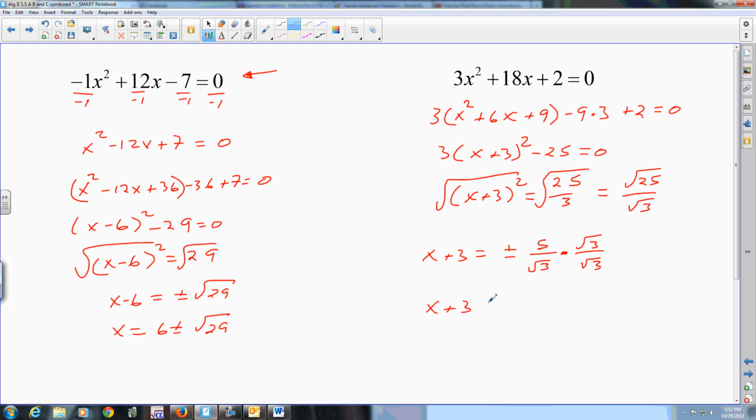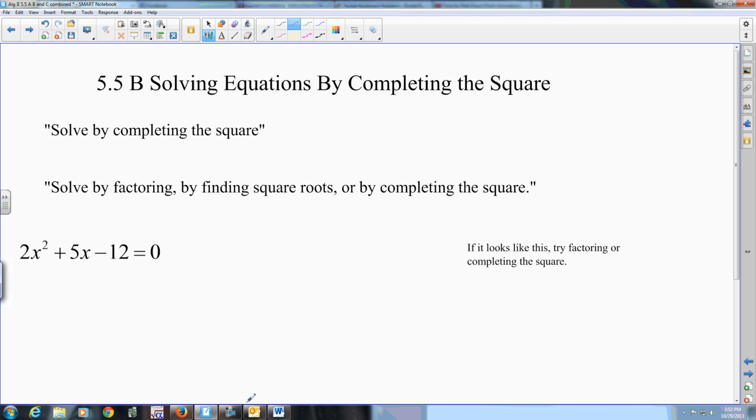X plus 3 equals plus or minus 5 square roots of 3 over 3, and then move the 3 to the other side: negative 3 plus or minus 5 square roots of 3 over 3. Alright, I think that does it for the second part, which was actually part C.